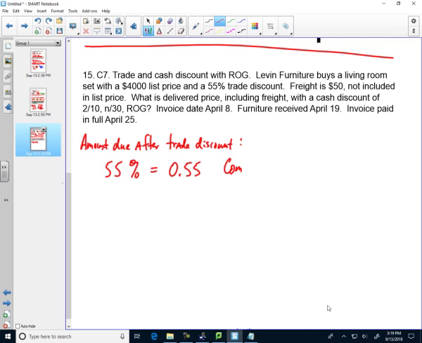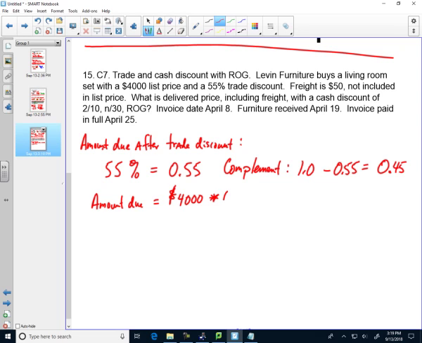So to get the amount we're going to pay, we need to find the complement of that. So 1.0 minus 0.55 is what? 0.45? So the amount due is 4,000 times 0.45. Calculator.